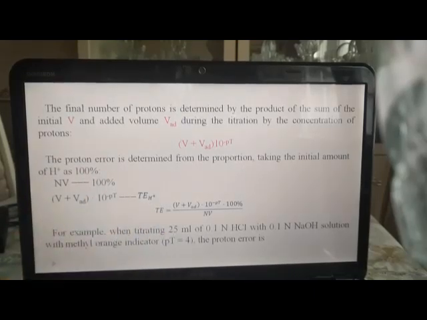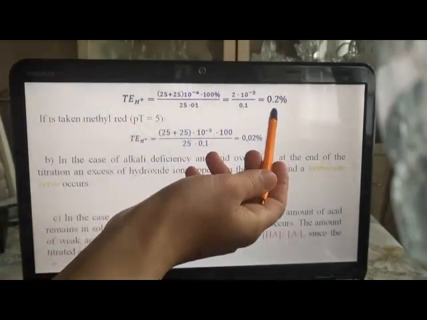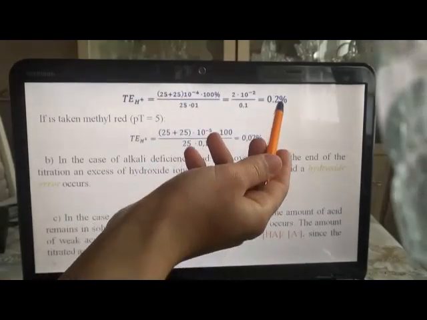For example, when titrating 25 ml of 0.1 normality hydrogen chloride solution with 0.1 normality sodium hydroxide solution with methyl orange indicator, PT of this indicator is equal to 4, and the proton error is found. It's equal, from the equation, to 0.2%.